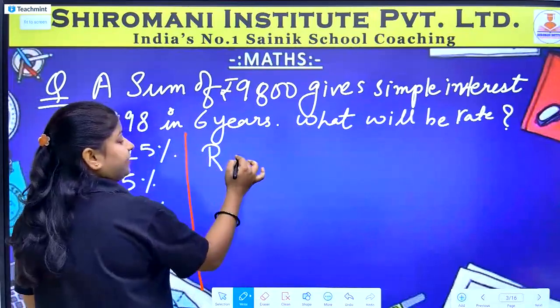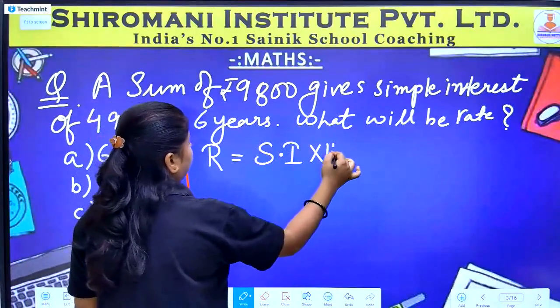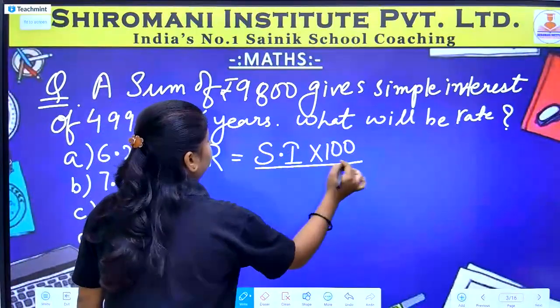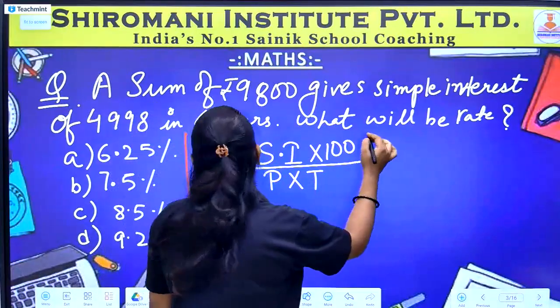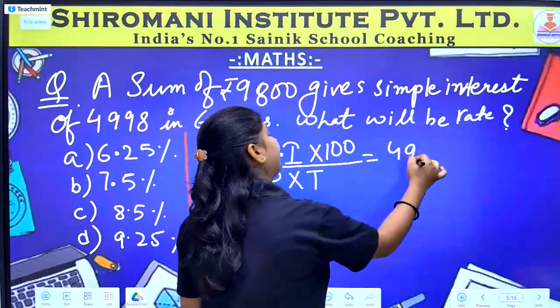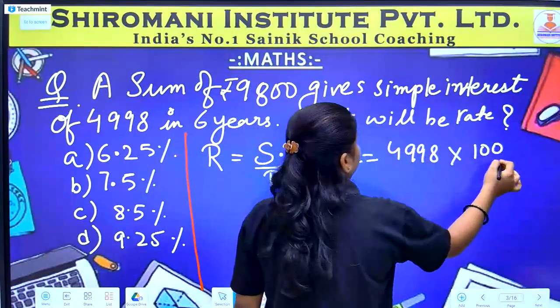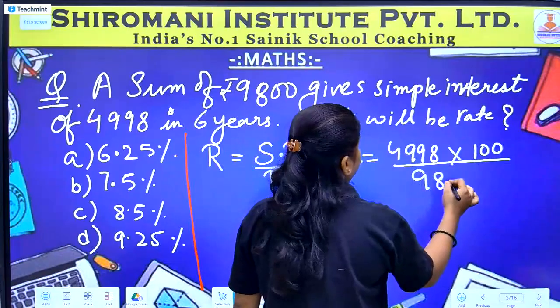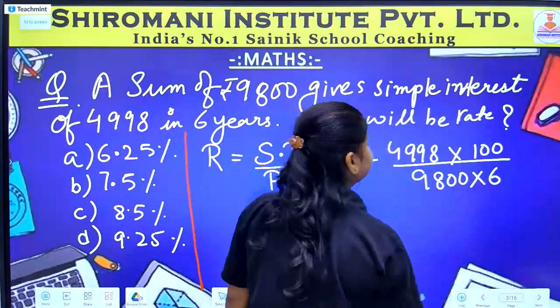I have to find the rate. Formula everyone knows, SI into 100 upon P into T. SI is how much? 4998 into 100 upon P, 9800, that is the principal, into time is how much? 6.